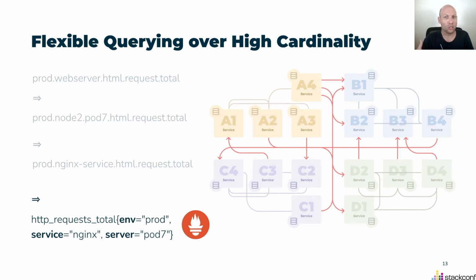Any ad hoc query that I would like to ask my system, like what is the total number of requests per web server in pod in production, or what's the number of HTTP errors using Nginx server for a specific endpoint in staging, or what's the slowest post requests segmented by endpoint URL. All of these become very easy to query ad hoc based on the labeling model. So flexible querying and the labeling model is definitely a requirement that you would like in your monitoring system.